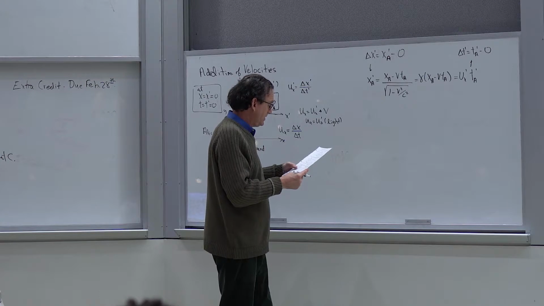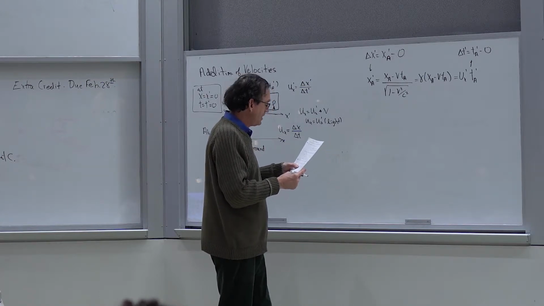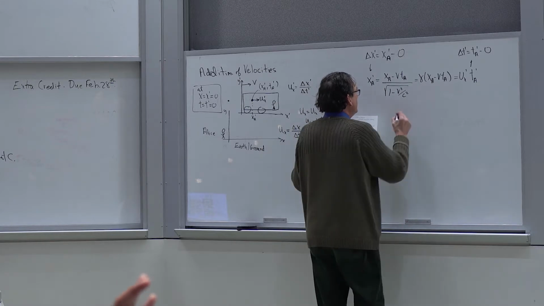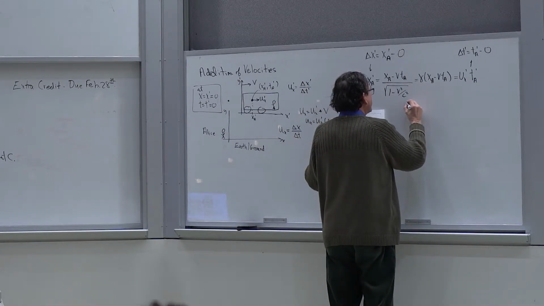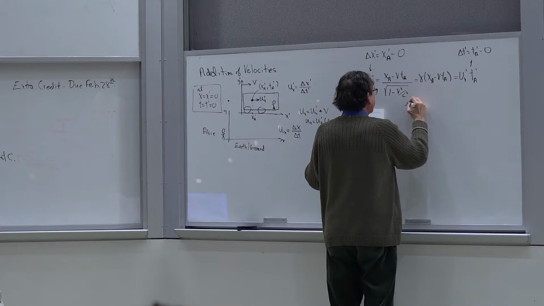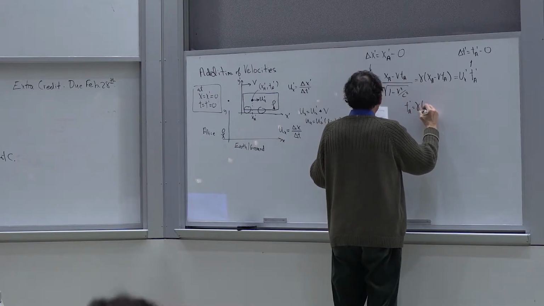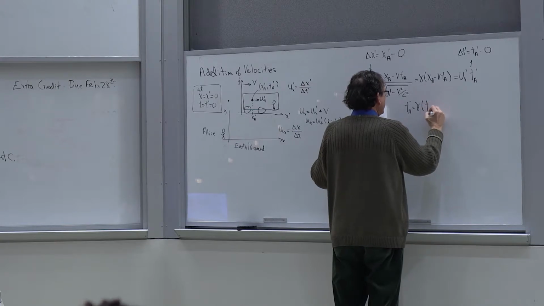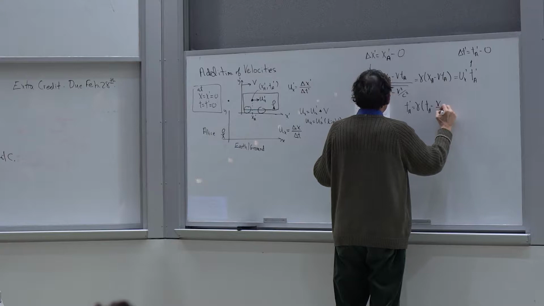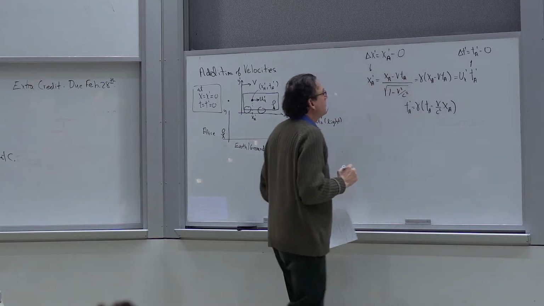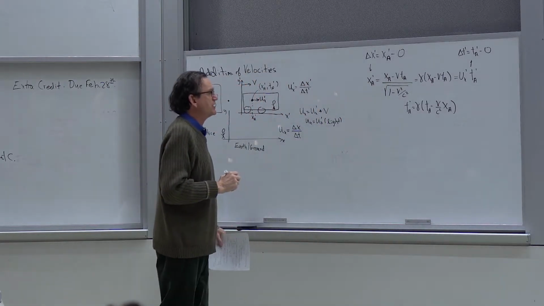What else do we have? We have the t prime, the time transformation. The time transformation says that ta prime is equal to gamma times ta minus v over c squared times x sub a. Okay, so this was the time transformation.